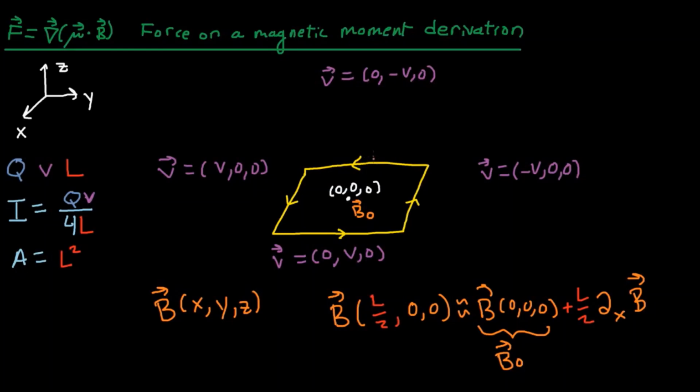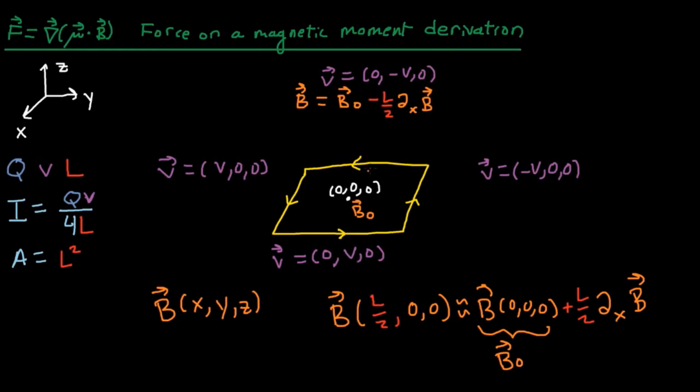And on this, let's say this top component of wire, which has an x-coordinate of negative L over 2, for this top component of wire, we can take that B is approximately equal to B0, and then minus L over 2, right, because here x is minus L over 2, times the partial derivative of B with respect to x.